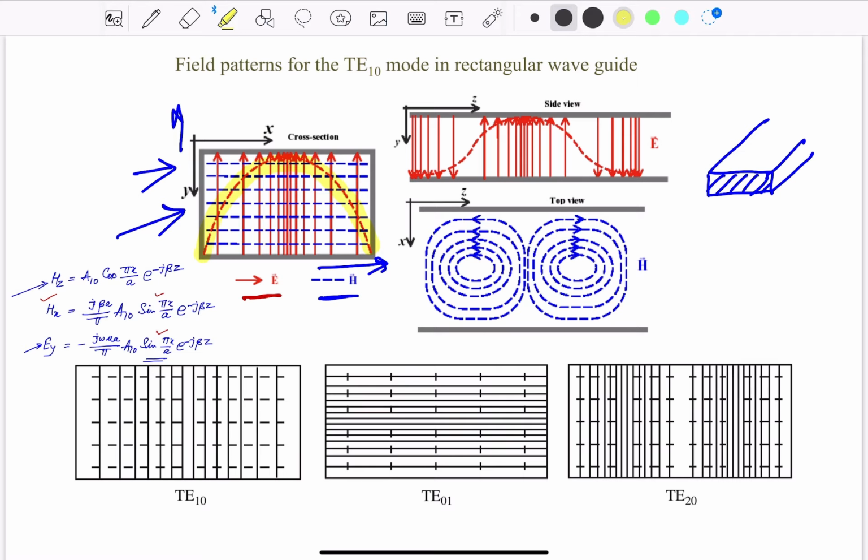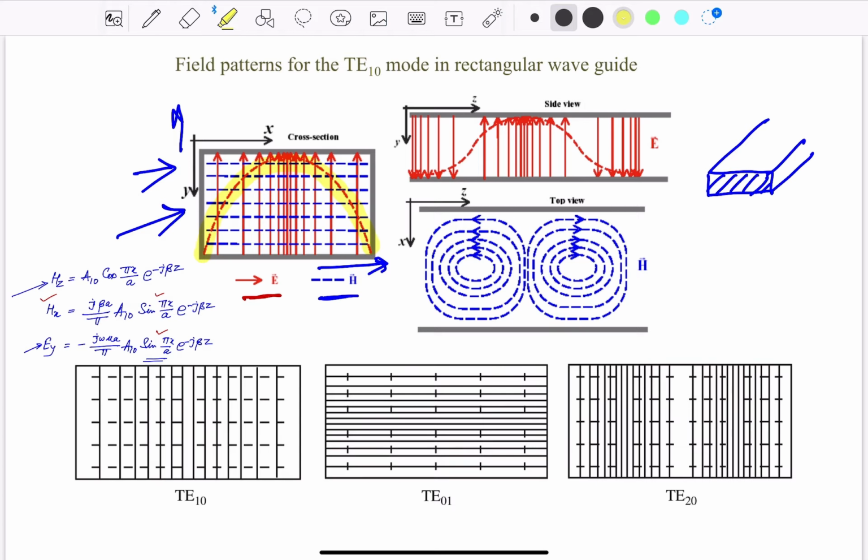You can easily identify this sine variation. At the middle this is the maximum, and at the edges this is 0. That is what the sine function is. If you put x equal to 0, it will be 0, and in the middle you have the maximum.